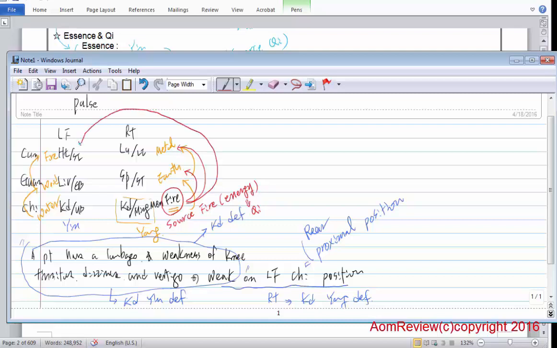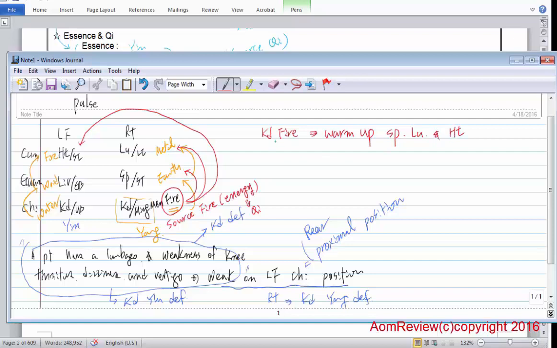And then this warms up the kidney yang too. So for this reason, this source fire supports many things with the kidney fire, warming up the spleen, lung, and heart.